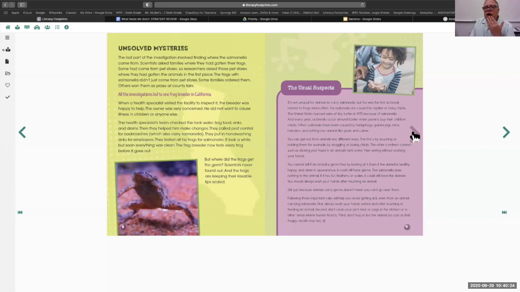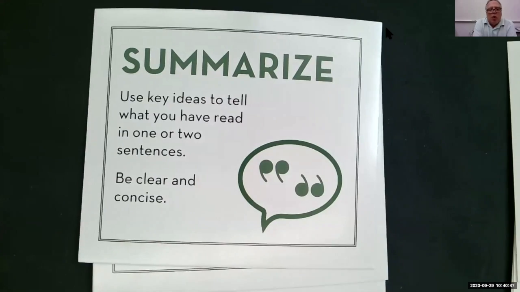So when you get done with the writing, or as you read certain sections and you come to the end of a section even, it is extremely important that we do this last strategy, and that is to summarize.